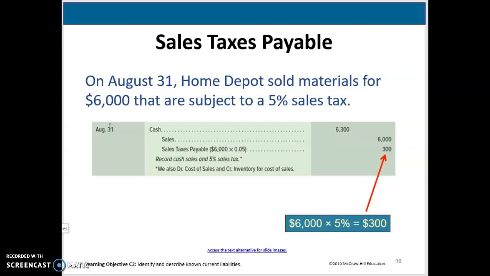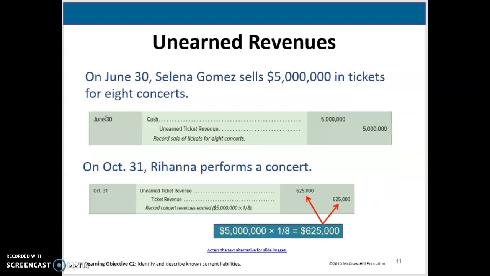The next one is unearned revenues. With unearned revenue, remember, that's when they're paying us up front for a job that we're going to do. So the example they show us here is that Selena Gomez sells $5 million in tickets for 8 concerts on June 30th. So we're receiving the cash up front. We're debiting cash for $5 million, and crediting unearned ticket revenue for $5 million. At the end, we see that they perform a concert, and I see an error in their example, so let me see if I can fix that really quick.